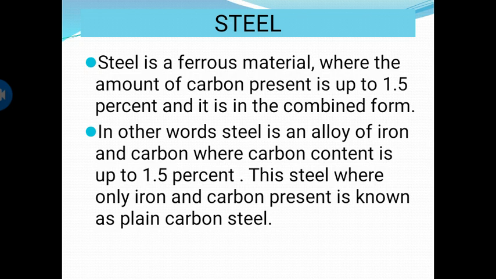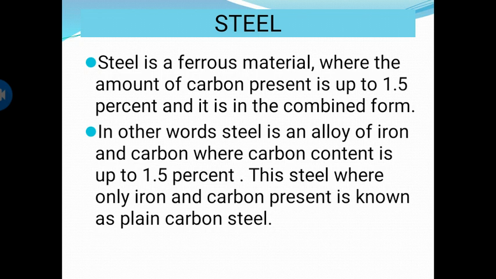In other words, steel is an alloy of iron and carbon, where carbon content is up to 1.5%. This steel, where only iron and carbon are present, is known as plain carbon steel.